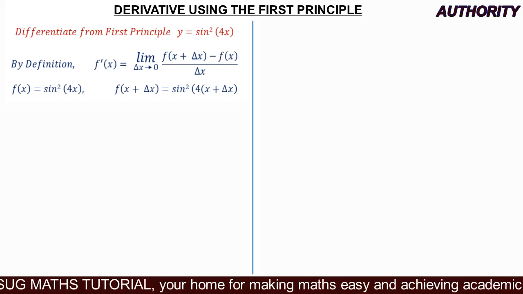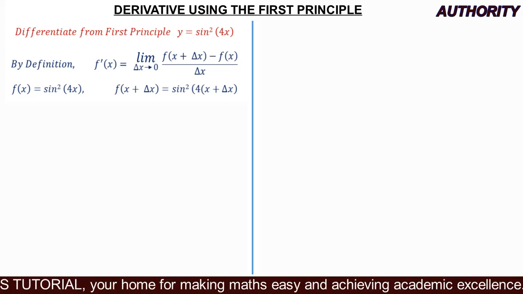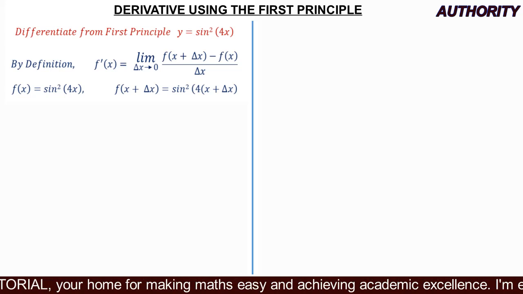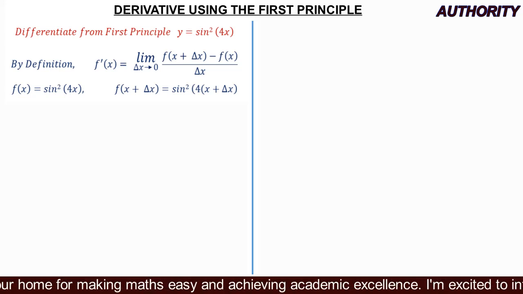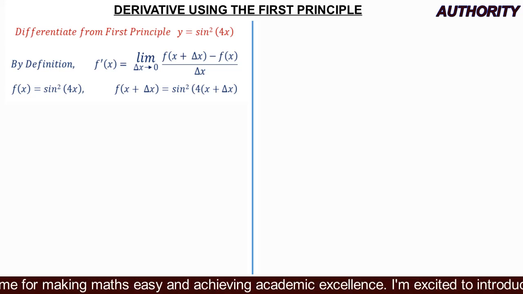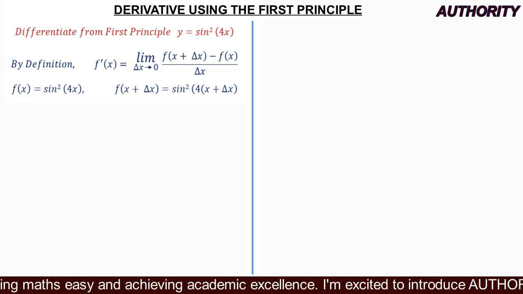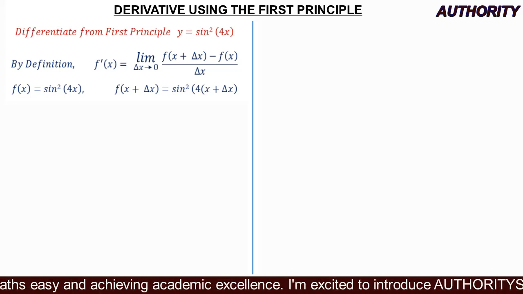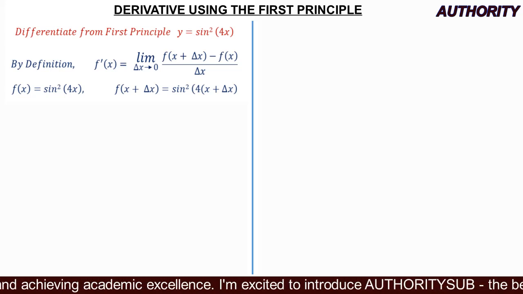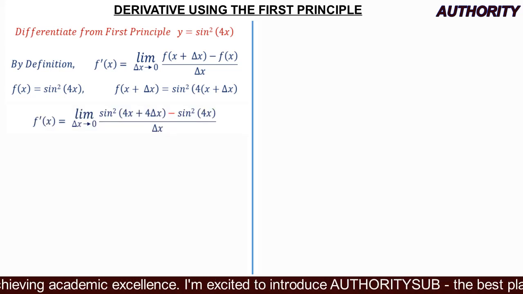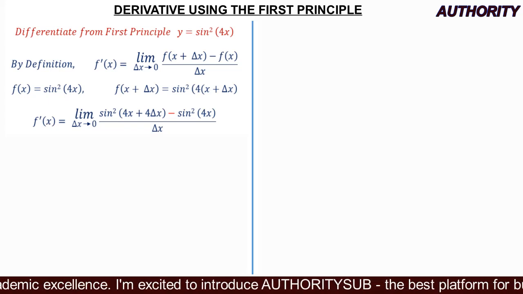Okay, good. Now look at it. We have figured out the things we need. f of x, we have it. Then f of x plus change in x, we have it. Now let's bring it into this equation 1, which is the definition. That means we have f prime of x is equal to limit as change in x approaches 0.